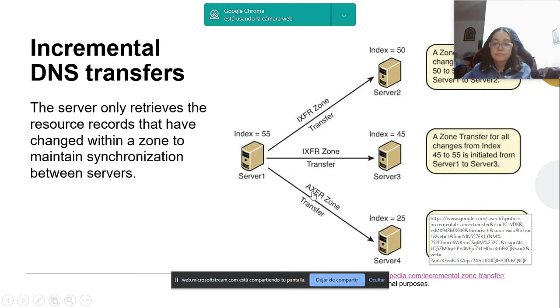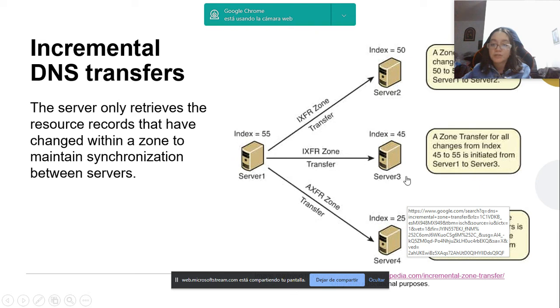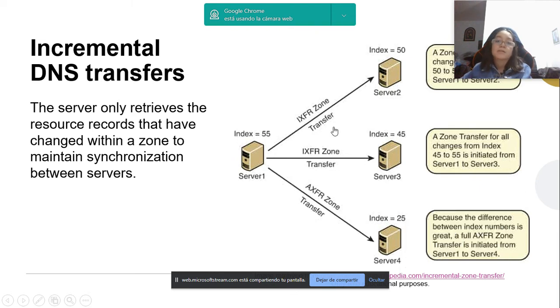For example, we have a main server named server 1 and 3 backup servers named server 2, server 3, and server 4. In server number 2 and 3, there will be only copied 5 and 10 indexes respectively because those are the only indexes missing.